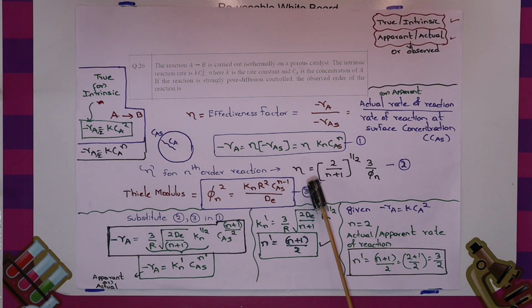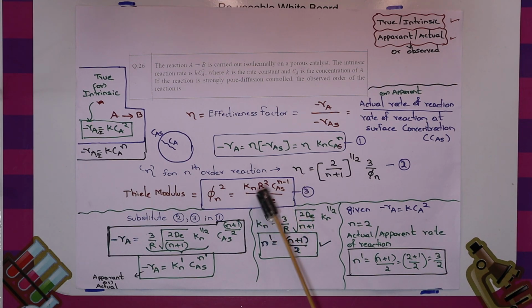So the formula which connects the effectiveness factor and the Thiele modulus for the nth order is (2 by n plus 1) power half into 3 by Thiele modulus. What is the Thiele modulus? In the majority of the textbooks, phi n square is the Thiele modulus, which is nothing but Kn r square Cas power n minus 1 by dE.